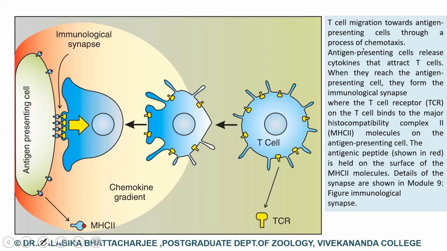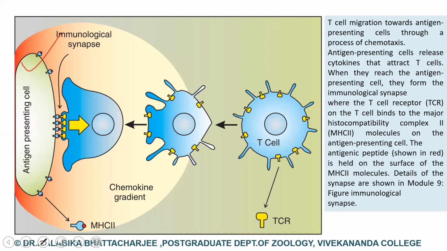The signaling part, this is a beautiful picture, and I just wanted to show you this picture. We have done major histocompatibility class 1 and 2 molecules. We have studied them, and we have also studied that antigens are processed and presented via MHC class 1 molecule or MHC class 2 molecule.